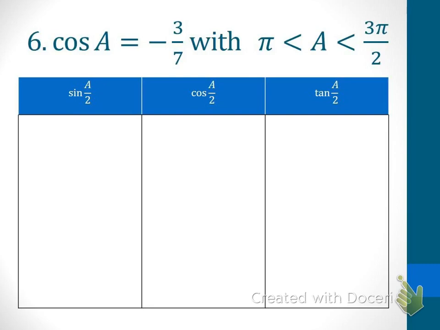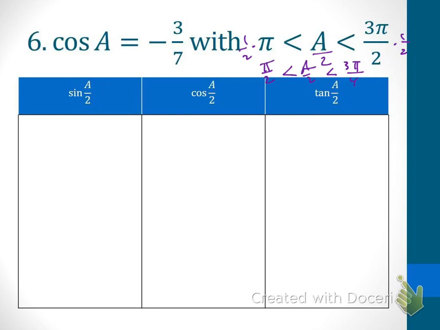Now, we already know that we're going to have to figure out what quadrant the half angle's in. The angle itself is in quadrant 3. It's in between pi and 3 pi over 2. But I need the half angle, which means I need to take half of these angle measures, right? So that means that the half angle is in between pi over 2 and 3 pi over 4.